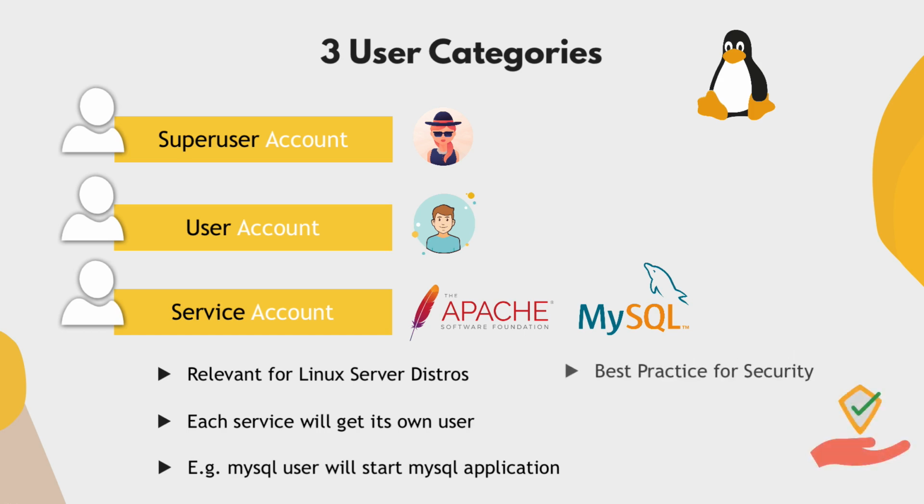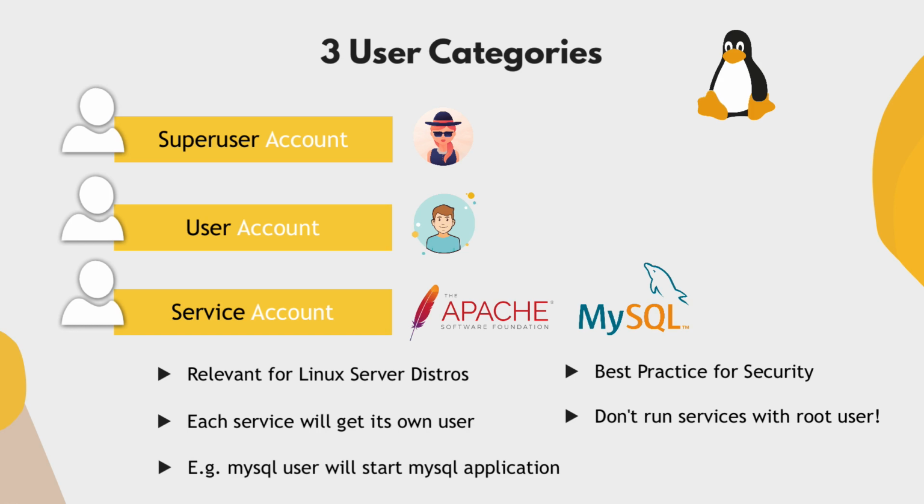Why? Because this makes sure that each application is isolated in terms of permissions from each other and ensures better security. And this is a best practice in server management and DevOps to run the services with their own dedicated user. Running a service with a root user is very bad because this will create a lot of security issues.